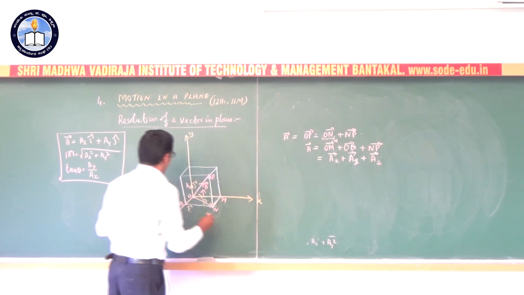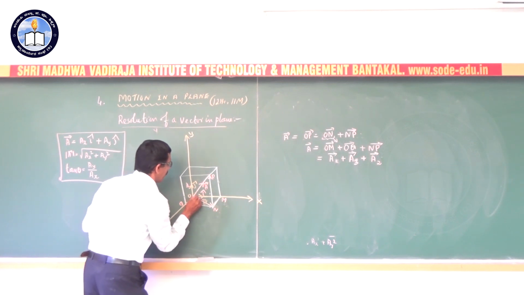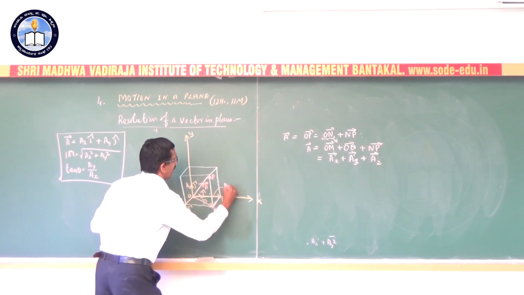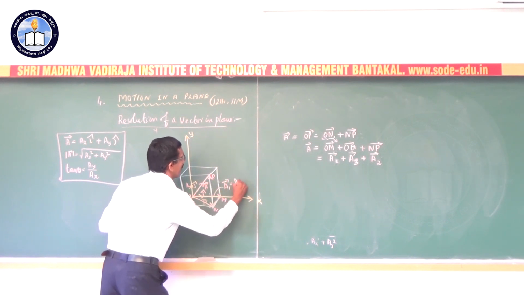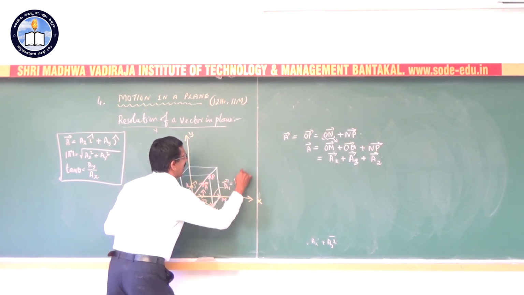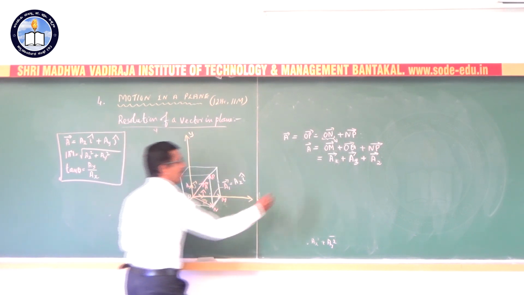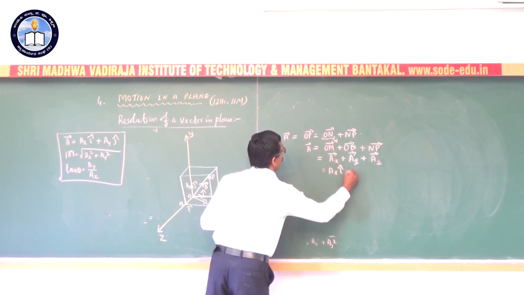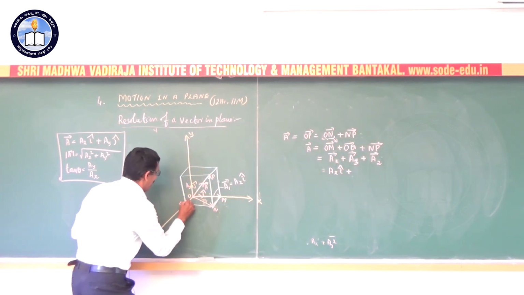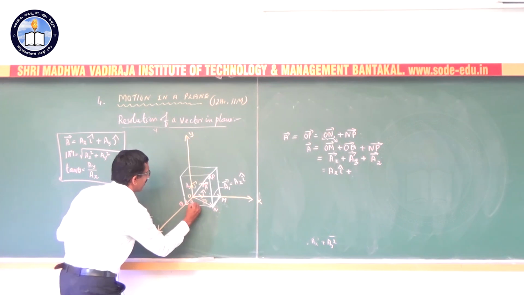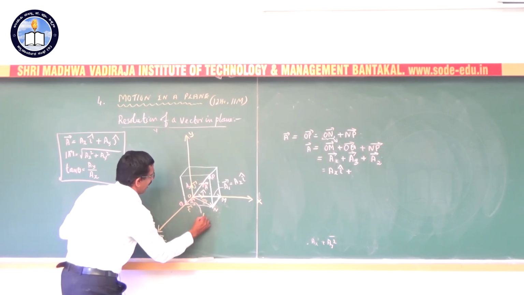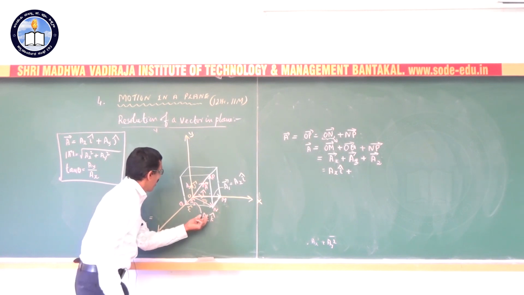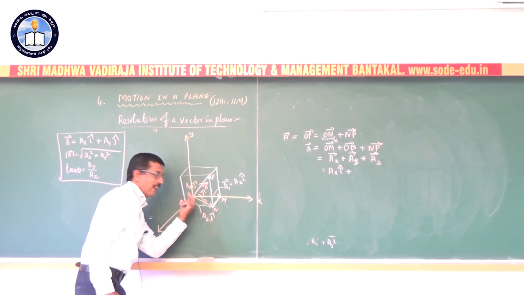Clearly, see here, OM is nothing but vector A1, that I can write as AX into i cap. A3 is this vector, I can write it as AZ into k cap, where AZ is the magnitude of vector A3.